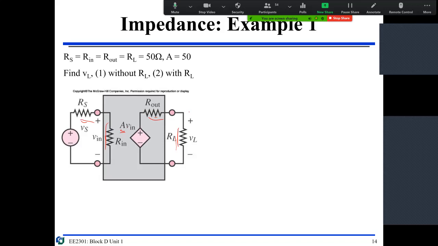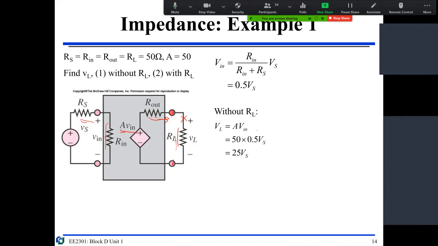Let's say we don't have RL. Then the left-hand side is 0.5. On the right-hand side without RL, VL is open. So it will be A V in. There's no current flowing because this is broken, so I is 0.